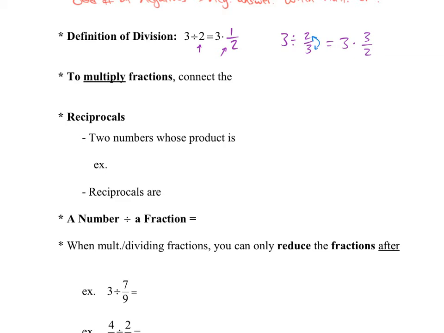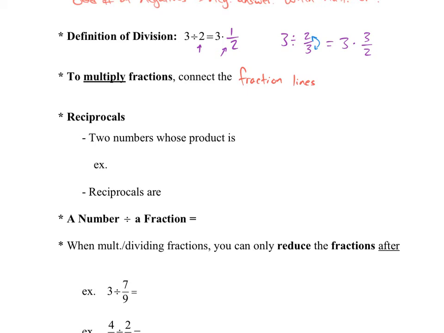Okay, moving on. To multiply fractions, I look at it as though you connect the fraction lines and multiply the numerators and the denominators. So connect the fraction lines. Those are actually called vinculums or something like that.